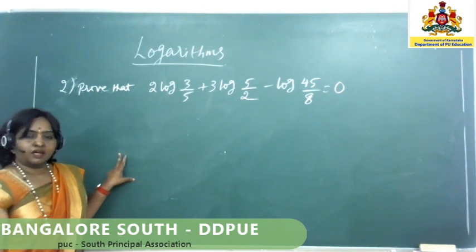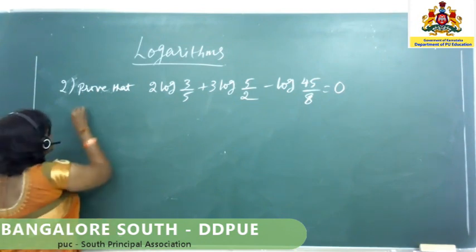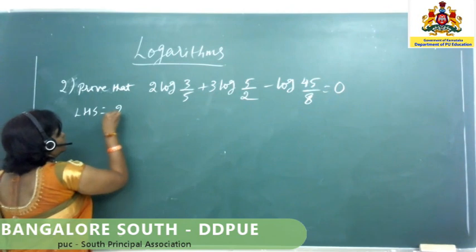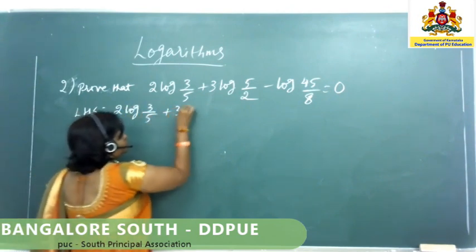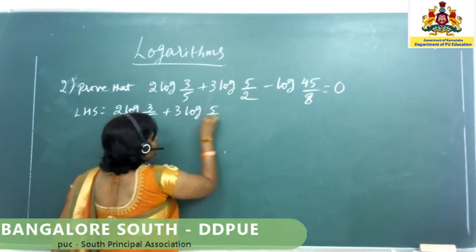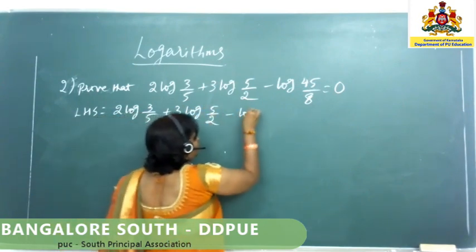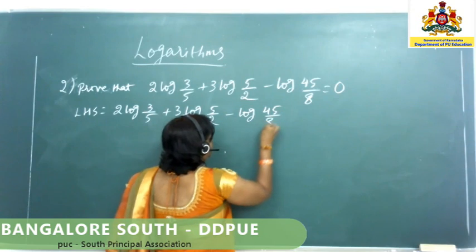So here also consider LHS. LHS is equal to 2 log 3 by 5 plus 3 log 5 by 2 minus log 45 by 8.